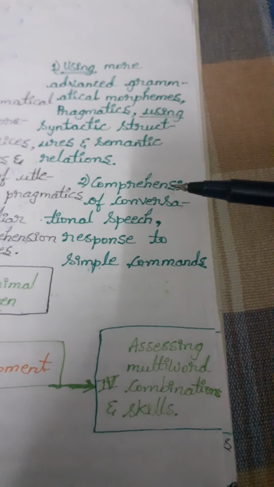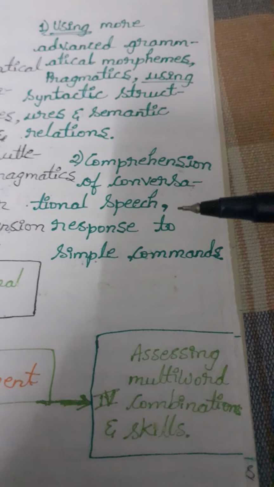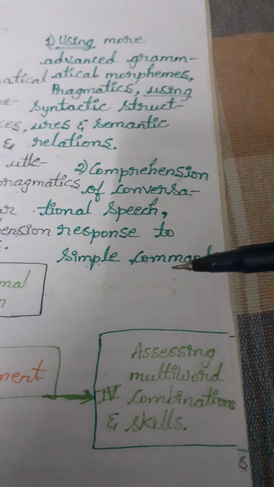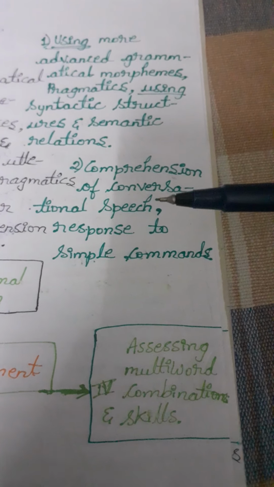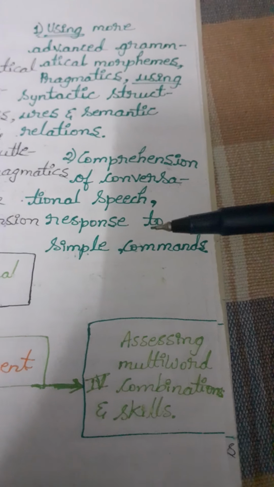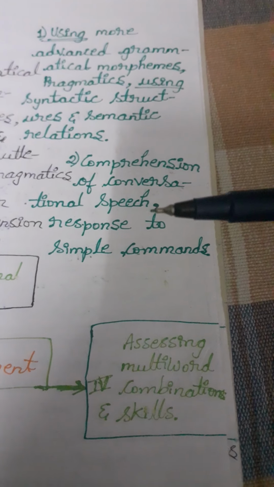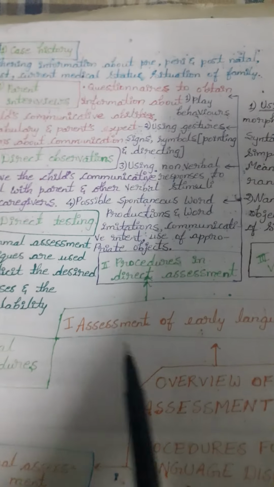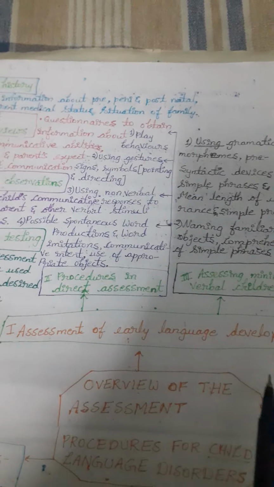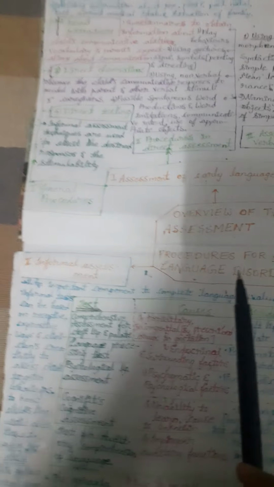Second point is comprehension of conversational speech and response to simple commands. Comprehension is understanding the conversational speech and whether the child is able to respond to simple commands. So these four points come under assessment of early language development.